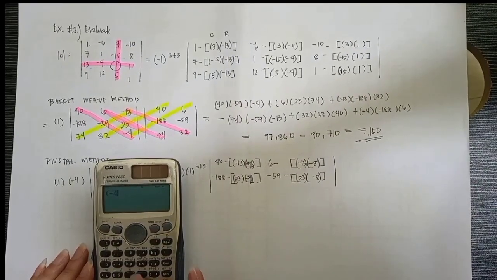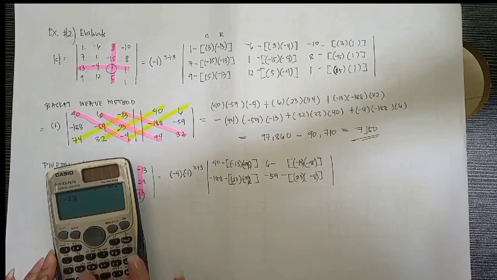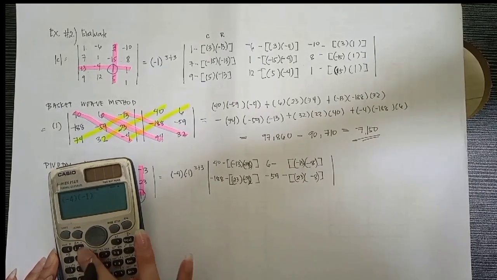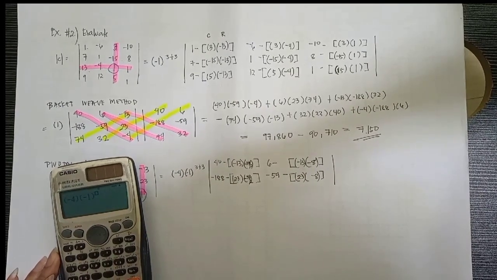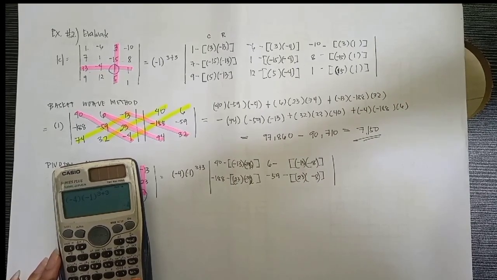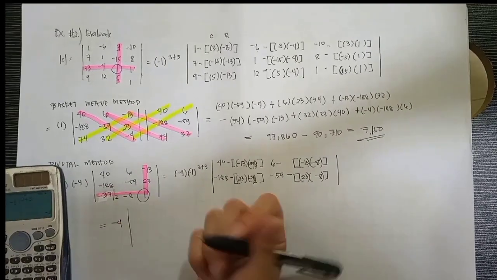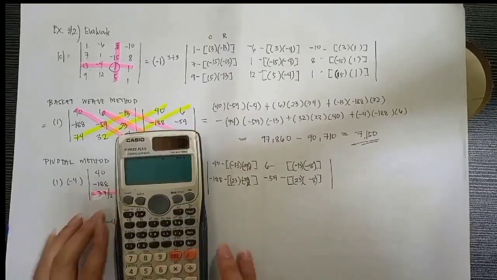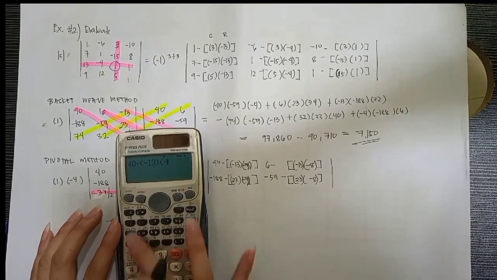Let us simplify -4 multiplied by -1 raised to 3 plus 3, which equals -4. After that, simplify all the remaining elements.